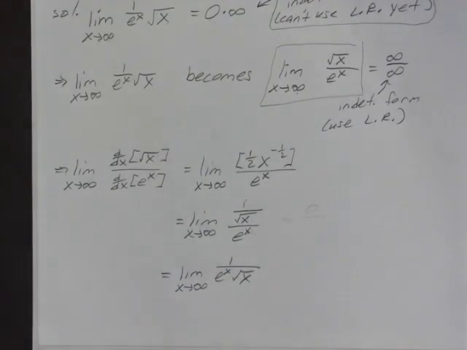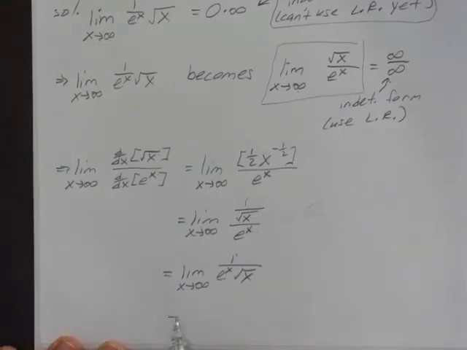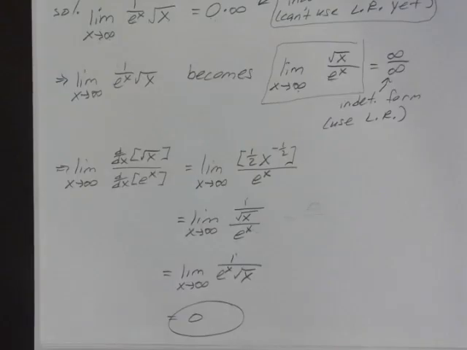So now we have a constant divided by a number getting infinitely bigger. So we know that limit is always going to be 0. It was just a little easier to do it in this form than that one. All right, any questions on that one?